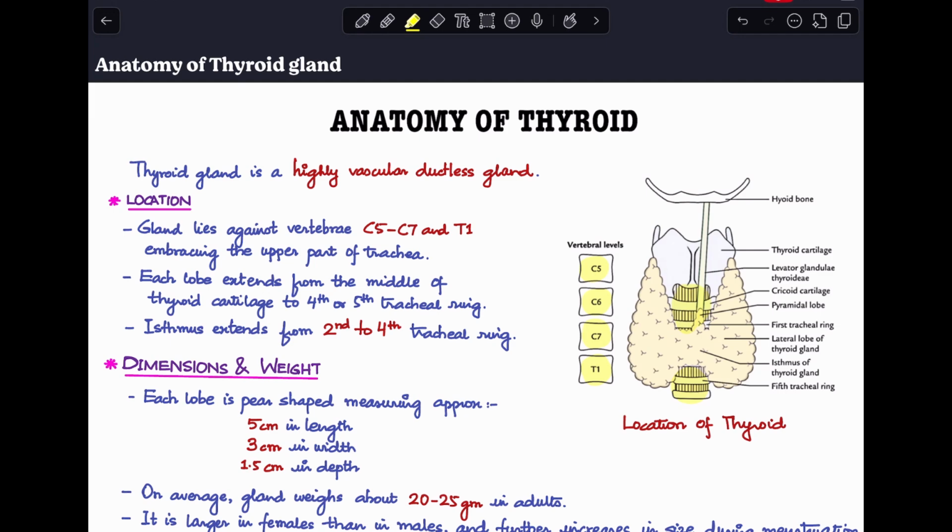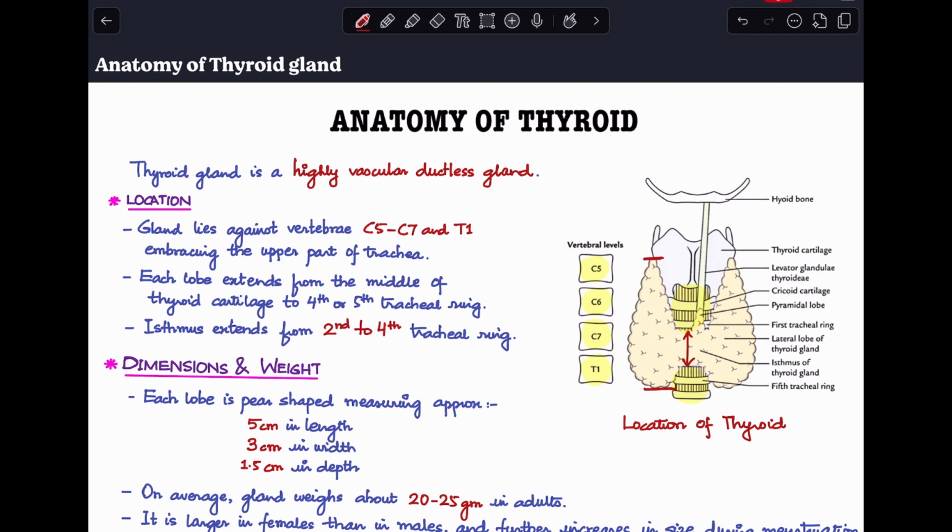So each lobe basically extends from the middle of the thyroid cartilage, which you can see over here, to about the fourth or fifth tracheal ring, whereas the isthmus extends from the second to the fourth tracheal ring. So that is the location of the thyroid gland, both the lobe and the isthmus.